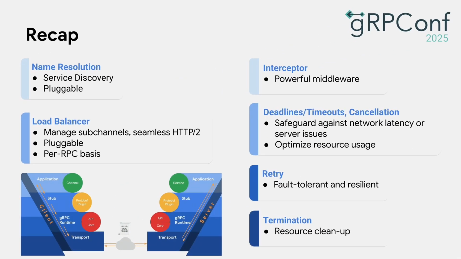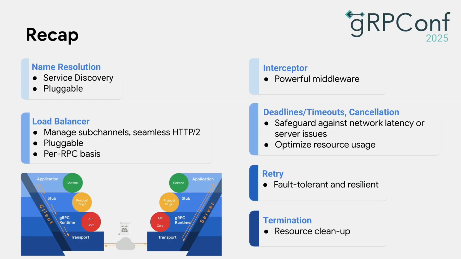Using interceptors as powerful middleware to modify the gRPC call before or after they reach the intended destination. Setting deadlines or timeouts to prevent RPCs from running indefinitely, and deadlines will be propagated to upstreams if any.